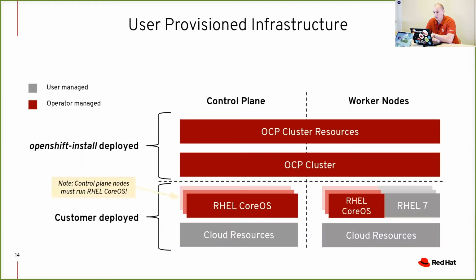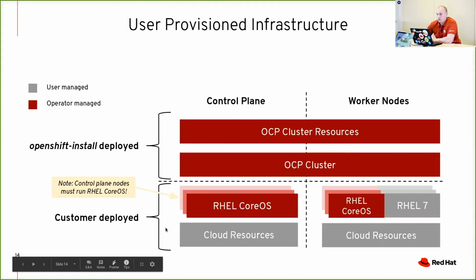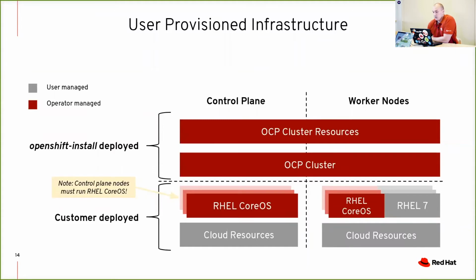And in order to meet that requirement, there is a second option to run the installer called user provisioned infrastructure installation, where, as you can see, before you can install OpenShift, you will have to prepare the infrastructure, so the servers, the networking, and only after you prepare the infrastructure will you be able to run the installer and deploy the OpenShift cluster on top of this infrastructure.